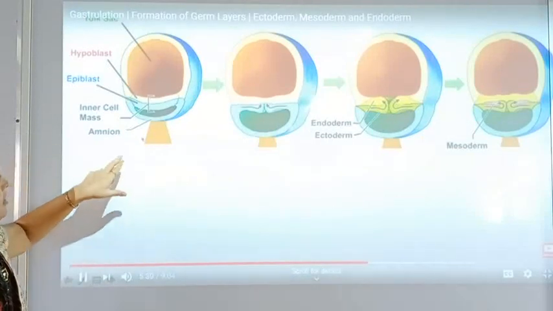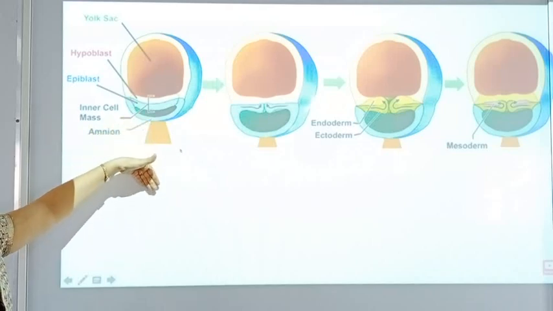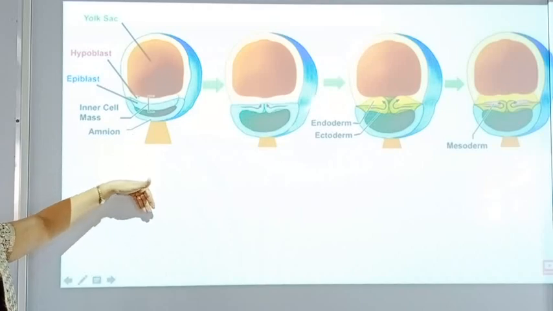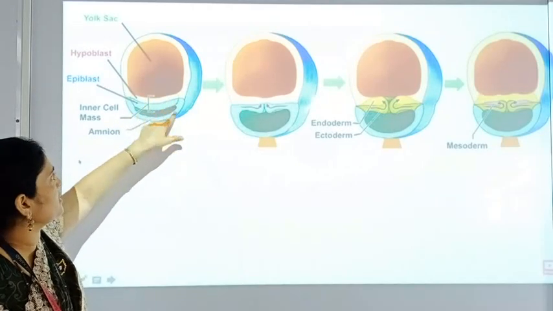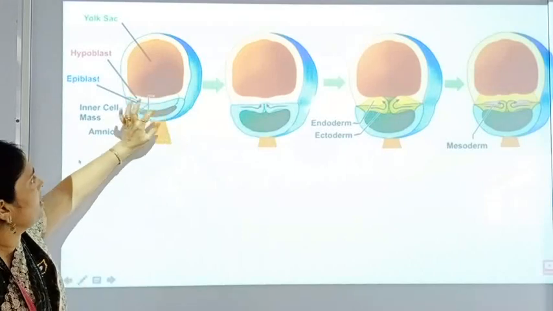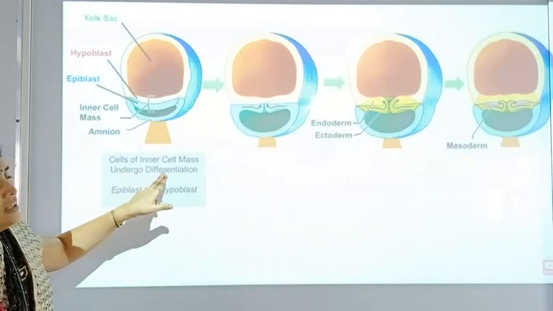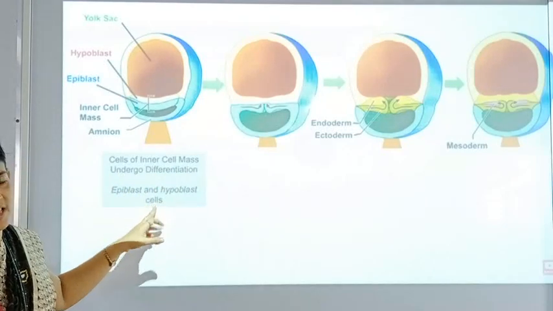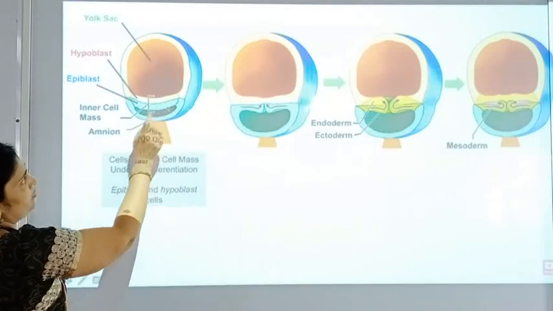This is the stalk by which the embryo is attached to the endometrial wall of the uterus, and this is the inner cell mass. The cells of the inner cell mass undergo differentiation into epiblast and hypoblast cells.